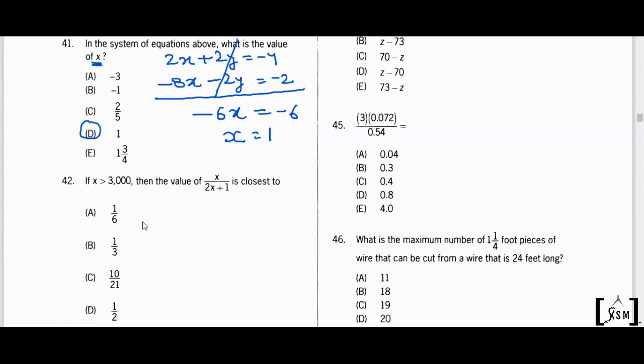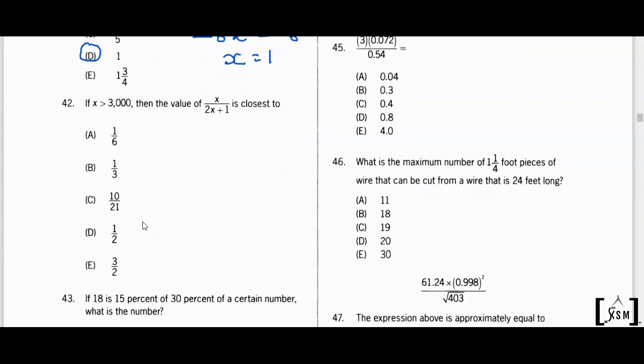Let's solve question number 42. X is greater than 3000, then the value of this number is closest to what? So let's plug in a number which is greater than 3000.